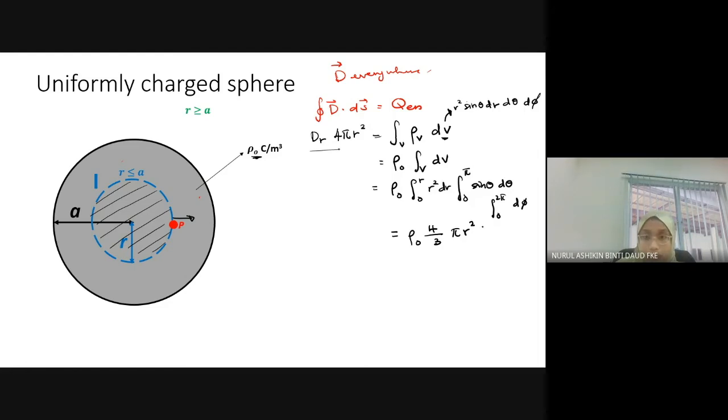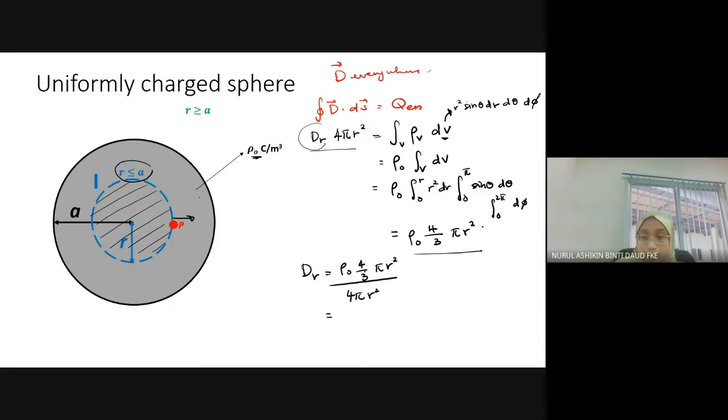Since I know D_r times 4 pi r squared equals this, I can find my D_r, which is rho naught 4 over 3 pi r cubed over 4 pi r squared.